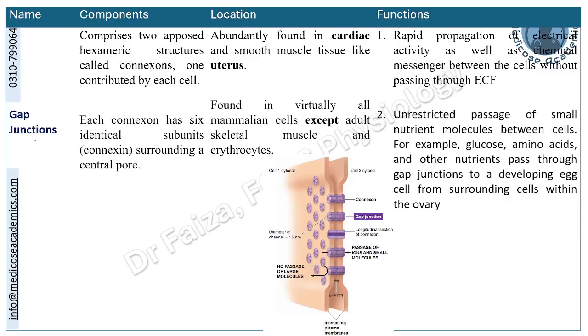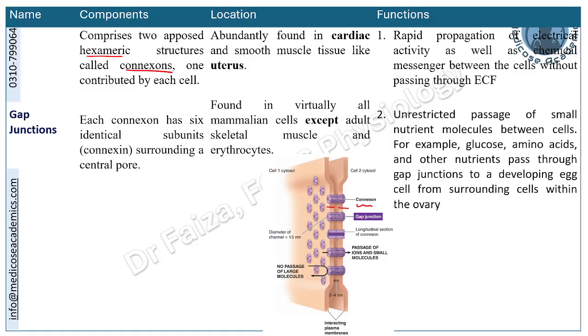Next, gap junctions, the second type of cellular communication channels. These are composed of two opposed hexameric structures, as you can see over here. One hexameric structure here and one here, and each structure is known as one connexon.